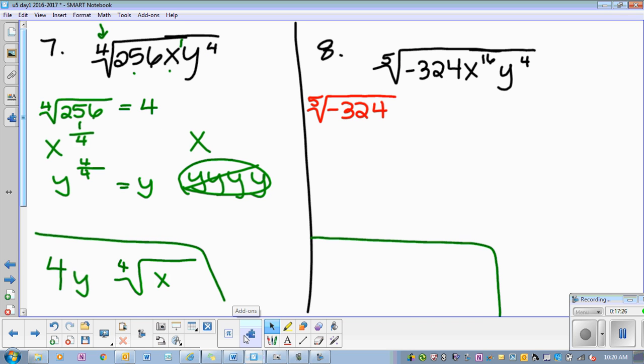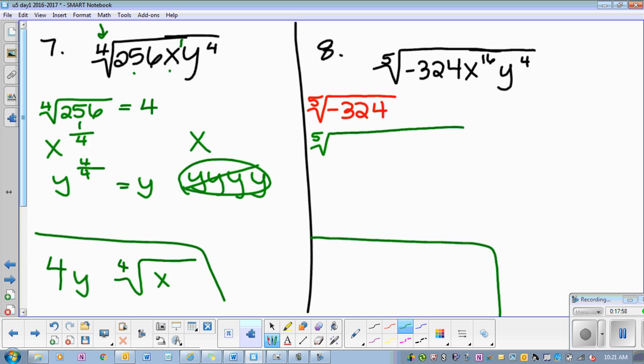All right. So let's do it. 5th root. So if we have a negative inside, that means that if we bring out anything, then the negative has to come out. Okay? So just for now, I'm going to ignore the negative. I'm just going to break down 324. I know it's negative, I'm just going to ignore it for a second. So 324 is what times what? 2 times what?